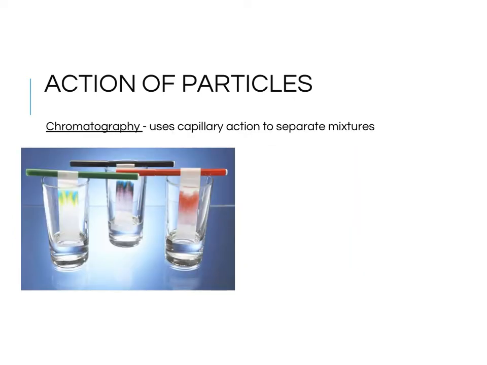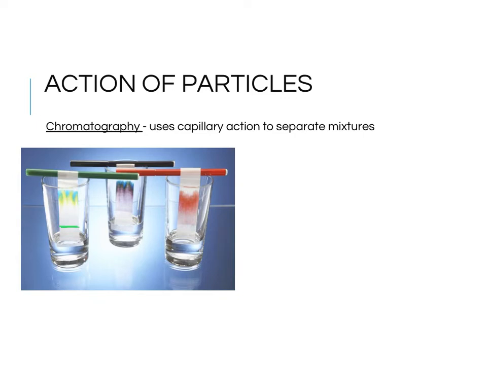One of the applications of this is a process called chromatography. If you look at this picture that we have here, you can see what they marked on this chromatography paper. What they did was they probably put, say, a green line right there. And the water is doing that Jackie Chan maneuver.